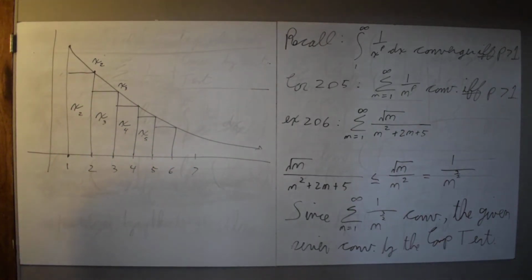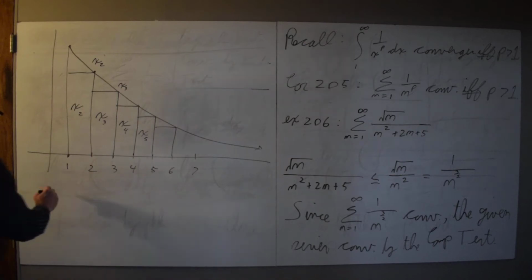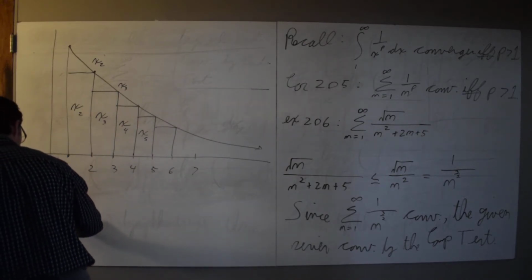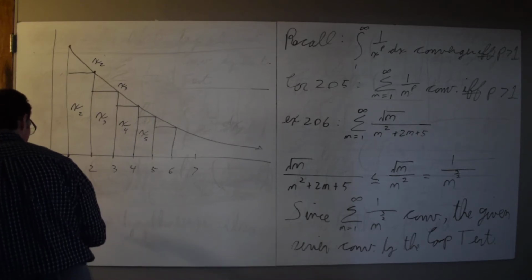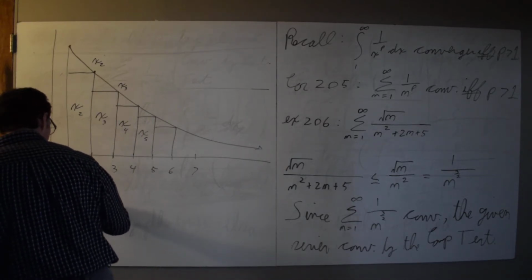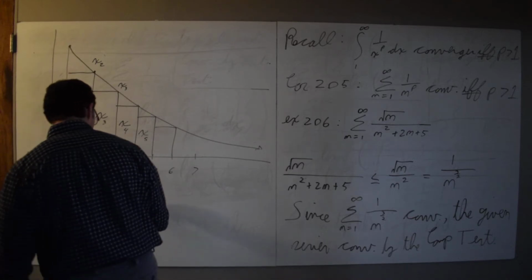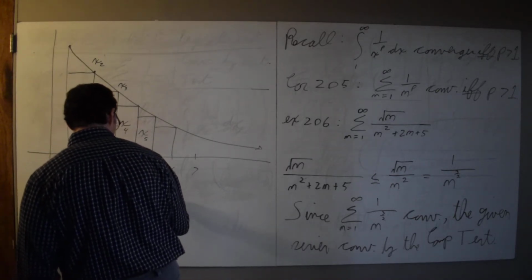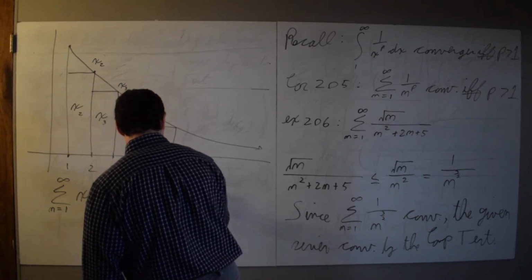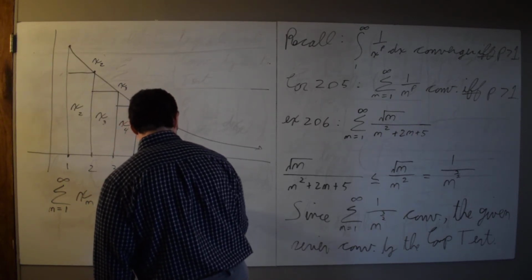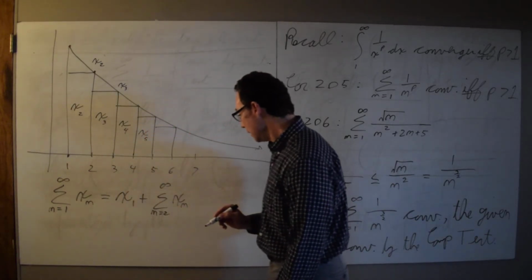And so what we have from this is that the sum from n equal 1 to infinity of x sub n is x sub 1 plus the sum from n equal 2 to infinity of x sub n.